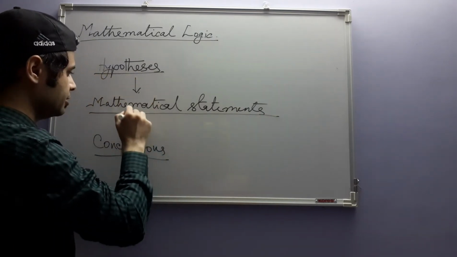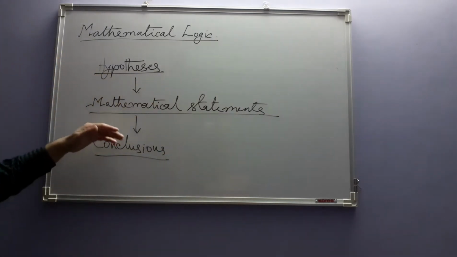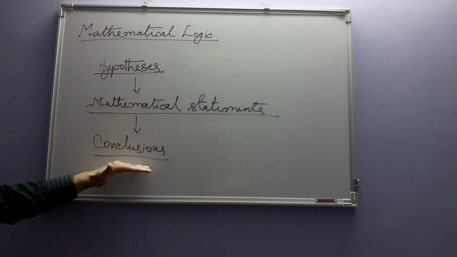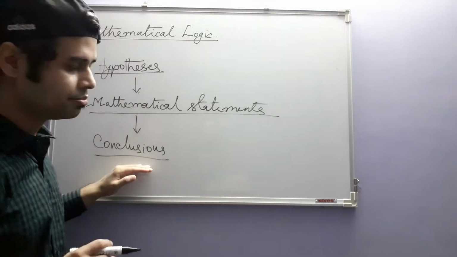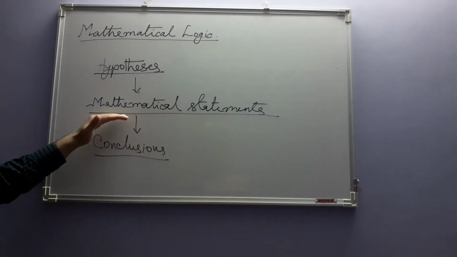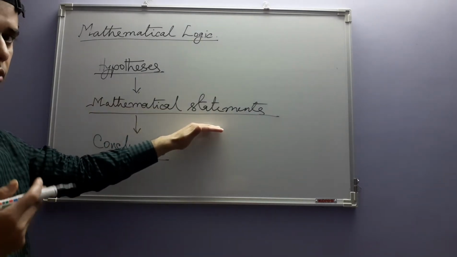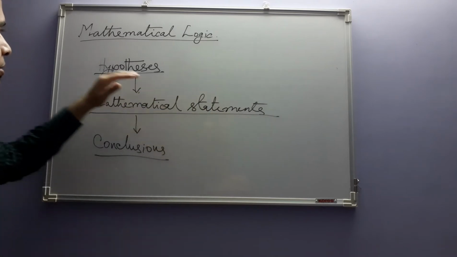So it goes like this. Hypotheses and conclusions are also mathematical statements, which are some statements about some mathematical objects.